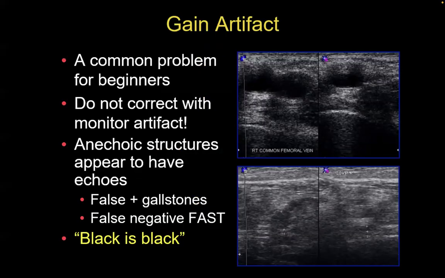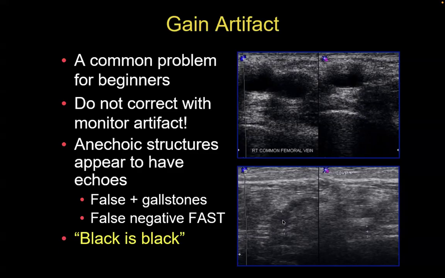Also, there's another artifact called the gain artifact. This is a common problem for beginners when, let's say, you're scanning something like veins, and you don't adjust the gain appropriately. If you turn it too far up, you might be mistaken that there's something inside the vein.